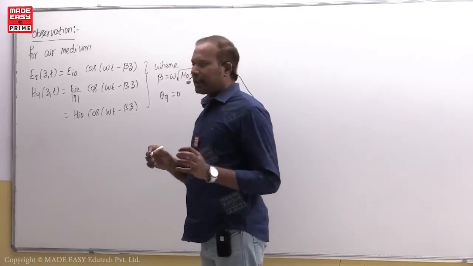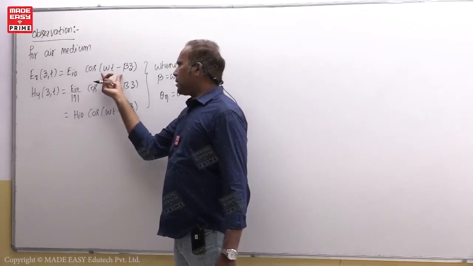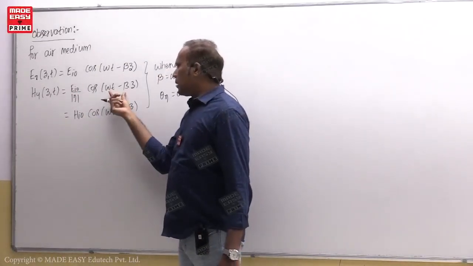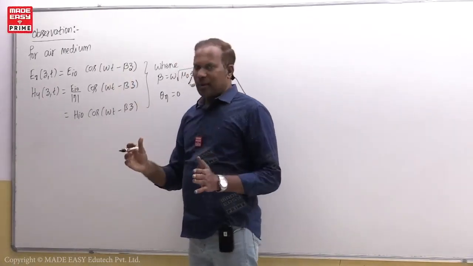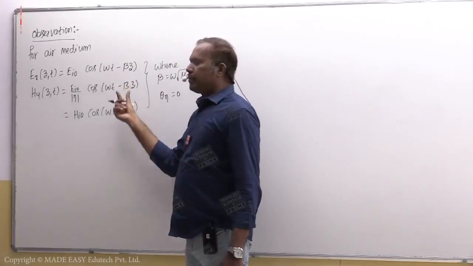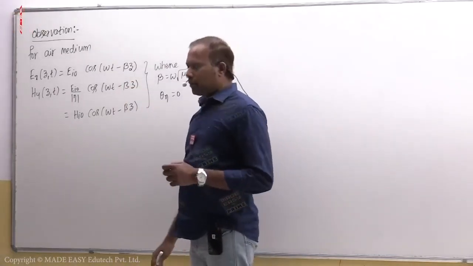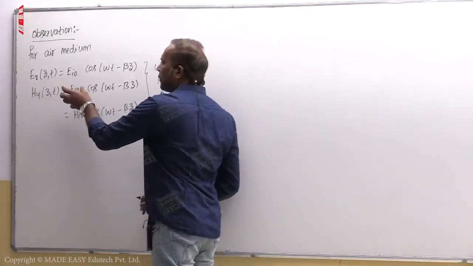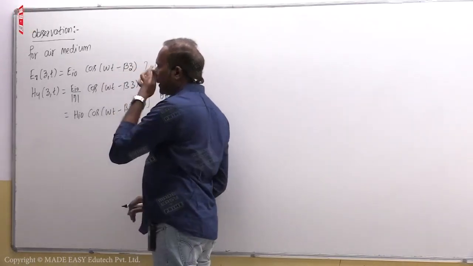What is the meaning of theta eta 0? Electric field x component has a cos term, magnetic field y component has a cos term. Inside the cos term, this phase and this phase both are the same, so the phase difference becomes 0. That is the meaning. I will draw the diagram so you can see that. Now if I want to draw the electric field diagram with respect to distance, of course two variables are there here.